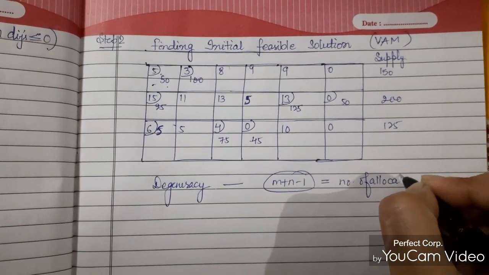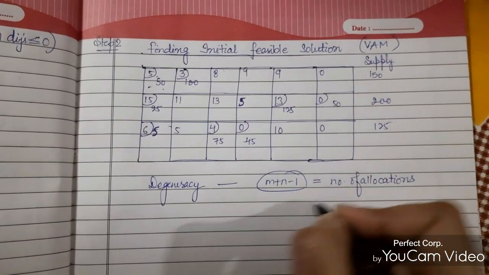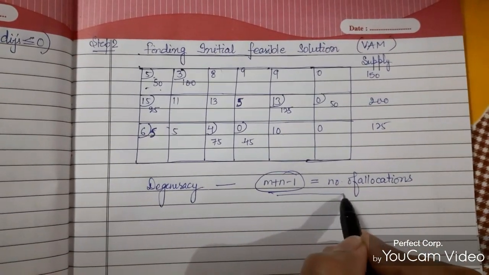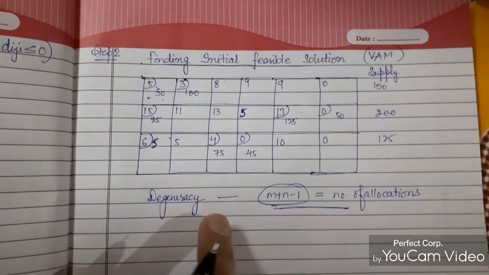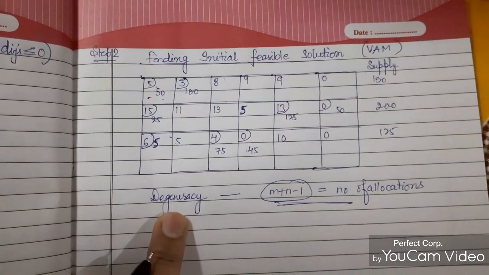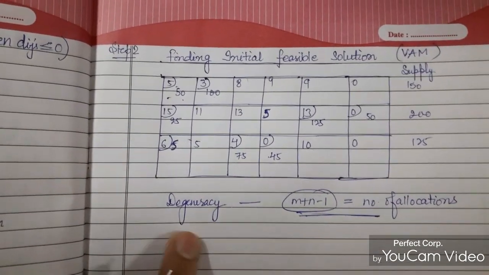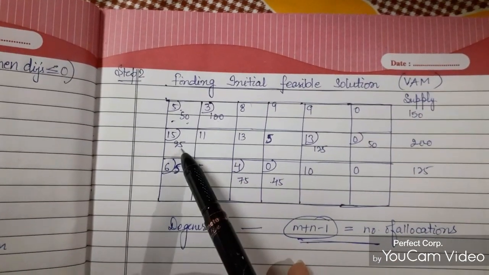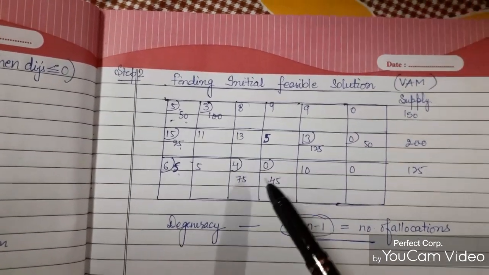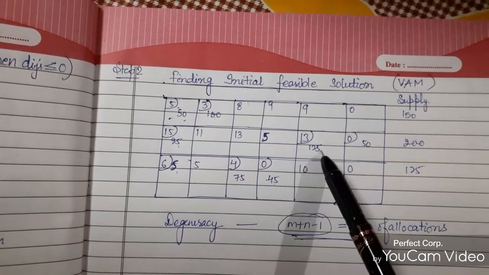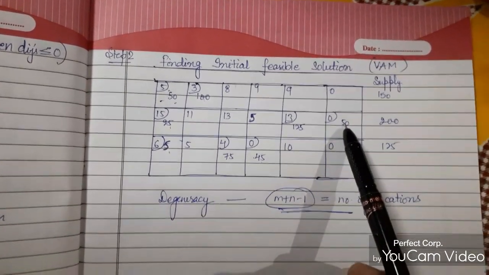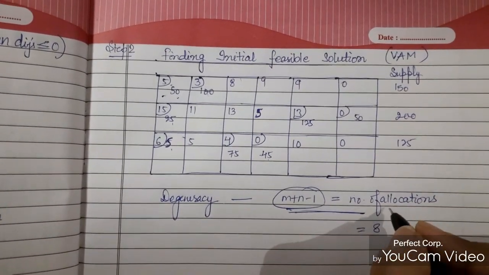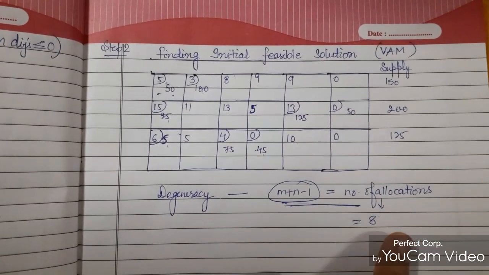Let's check whether this statement holds, so that we can identify whether degeneracy exists in this transportation problem. Let's start counting: 1, 2, 3, 4, 5, 6, 7, 8. We have 8 allocations. I am writing it in place of the number of allocations.